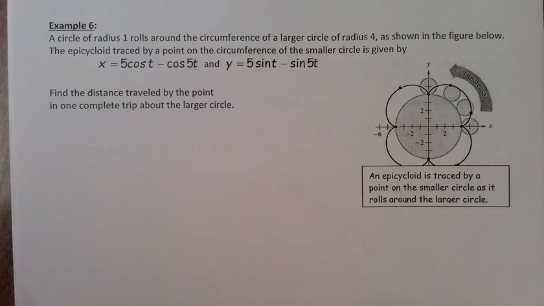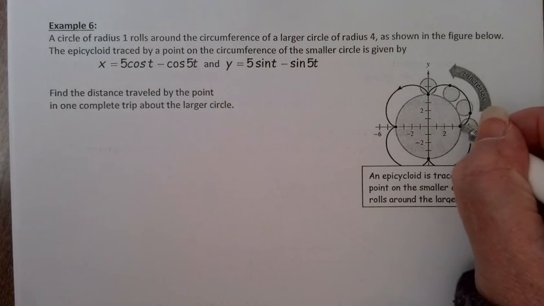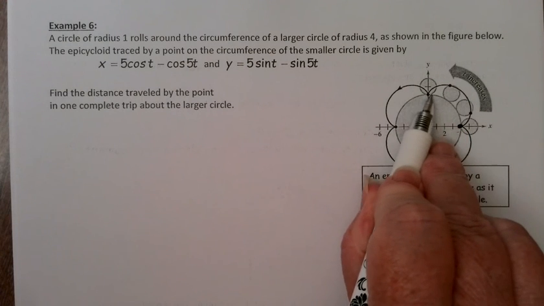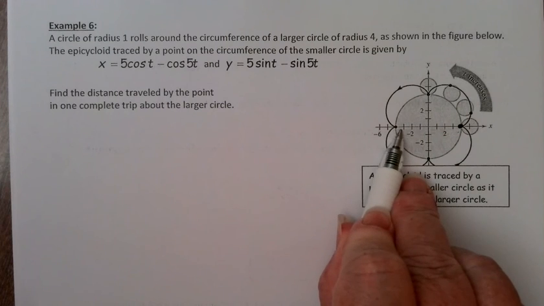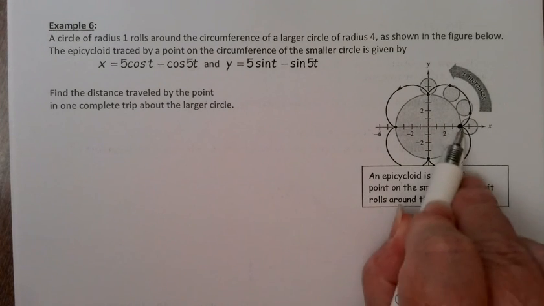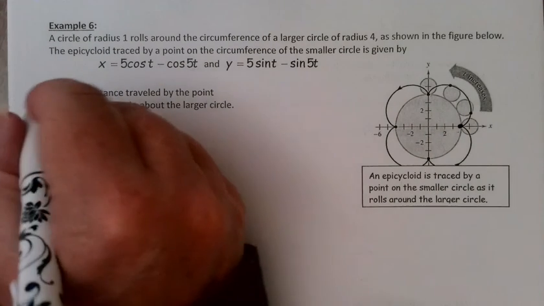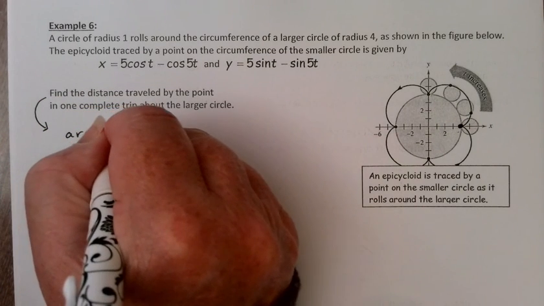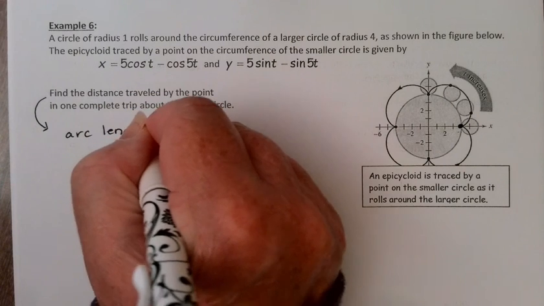My goal is to find the distance traveled by that point that was originally right there and is rolled around the circle as it travels and traces out that epicycloid. That distance, of course, is just going to be the arc length of the epicycloid.